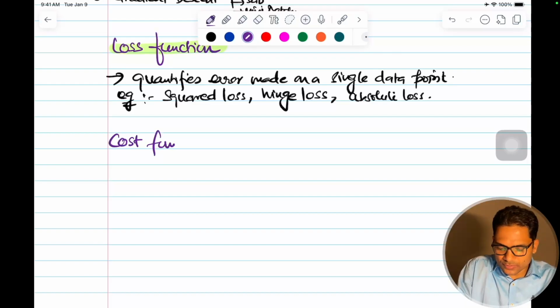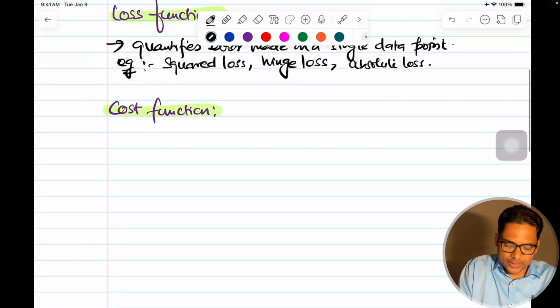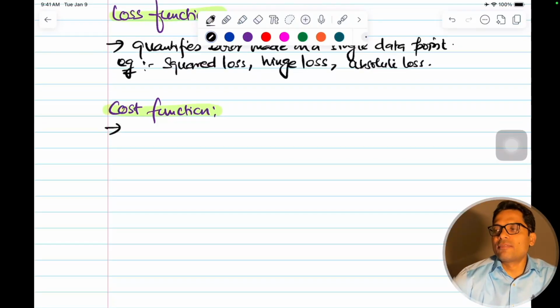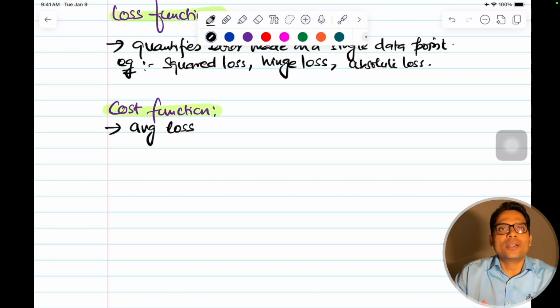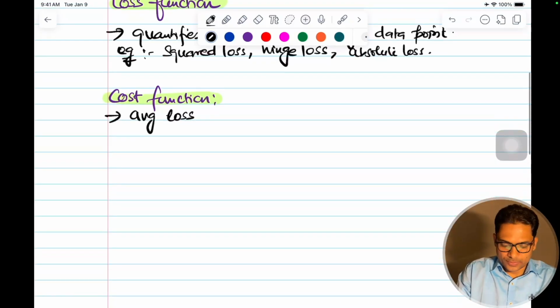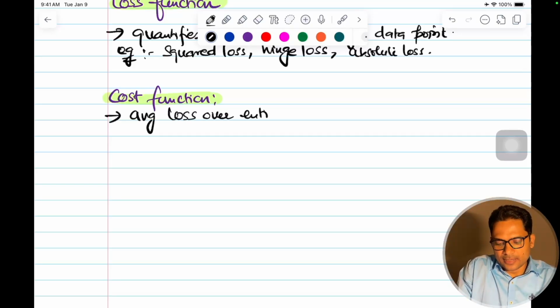It's just good to know stuff. Generally the loss function works for all, but sometimes you should know this. So cost function is the average loss, or average mistake or quantified error, over the entire data set.